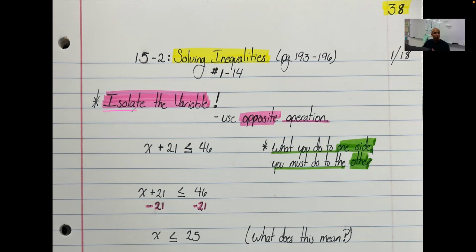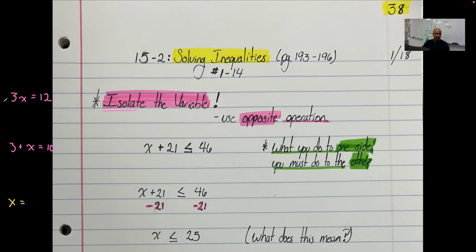Similarly to how it was with an equation where we had something like 3x is equal to 12, or something like 3 plus x is equal to 10. In both of those scenarios, we want the variable to be all by itself. We want to get to the point where it's just x is equal to something, right?